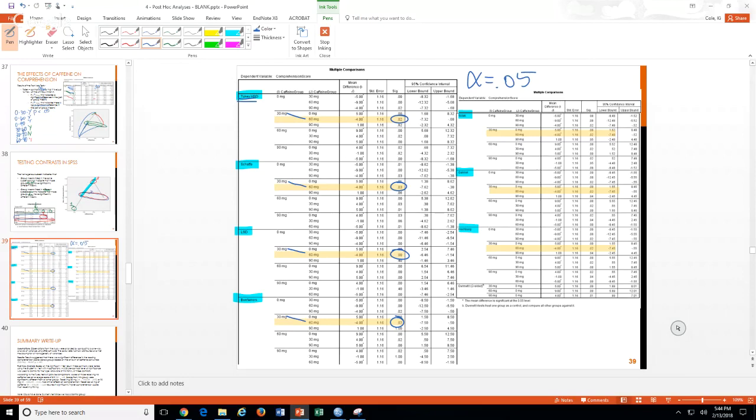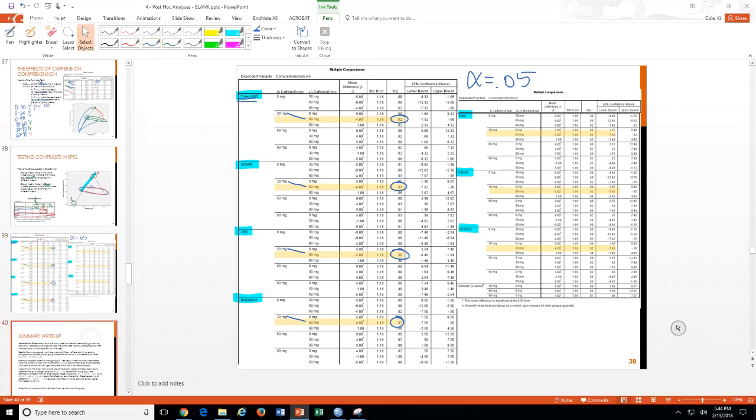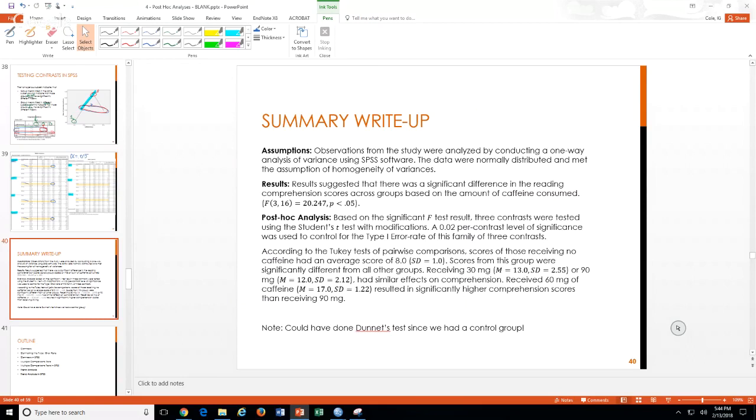Okay? So when you do post-hoc analyses, again, kind of putting together all that we've done so far this semester, the first thing you always want to do is check your assumptions. You don't have to write a whole page about your assumptions and how you evaluated them. A paragraph that at least lets the reader know you checked them, these are the results, and whether you need modifications.